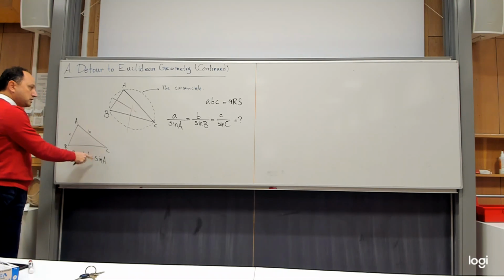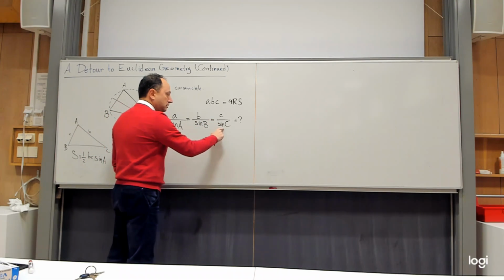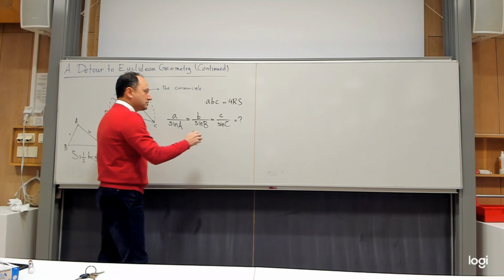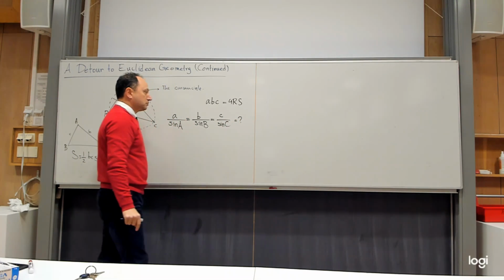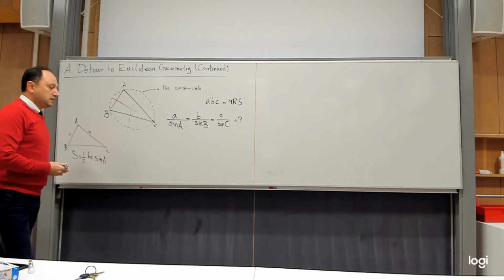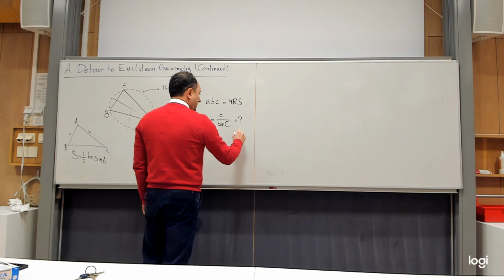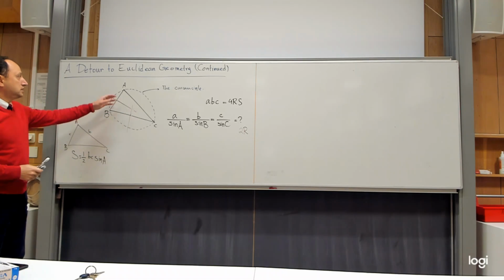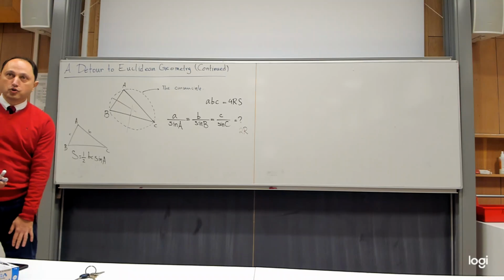Using this formula, we were able to show that these three fractions are exactly the same. But today we want to answer this question mark. Is there something that I can write for the question mark? The interesting thing is that it is exactly 2R, which is equal to the diameter of this circumcircle.